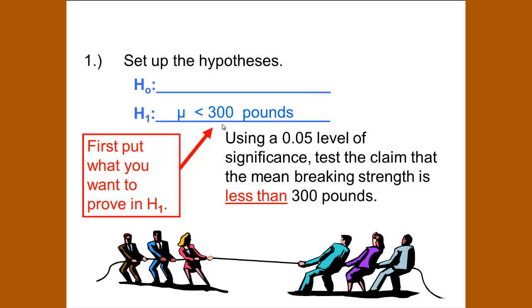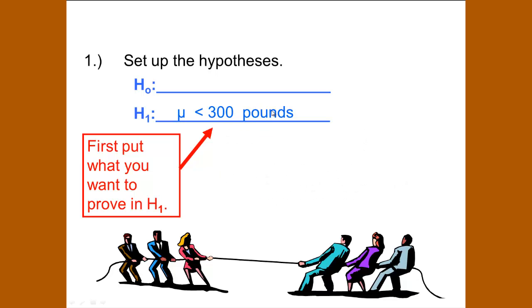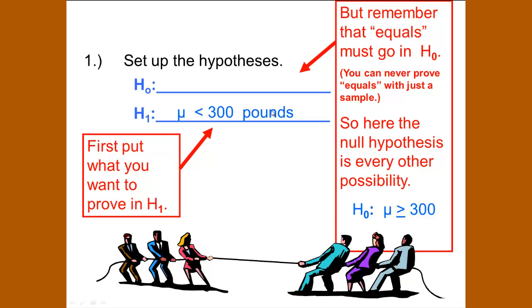Next, it's time for us to fill in the blank for the null. Remember that the null and the alternate are complete opposite statements. So what is the opposite of being less than 300 pounds? If it is not less than 300 pounds, it must be greater than or equal to 300 pounds.